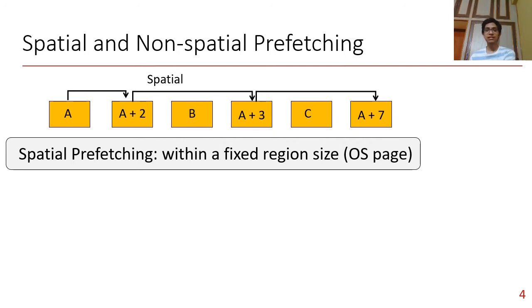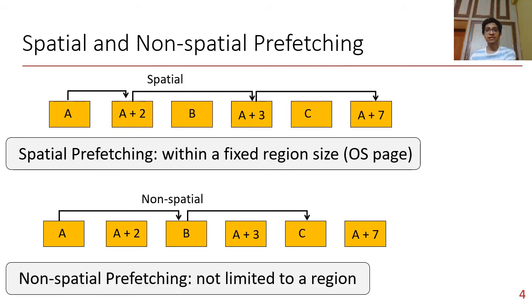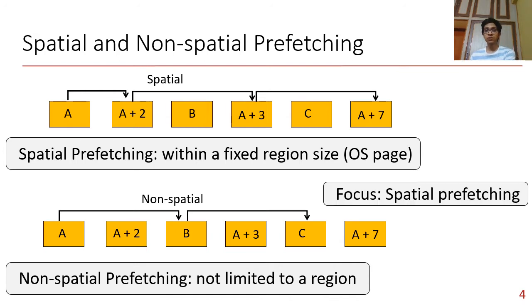In our case, access A acts as a trigger for the prefetching of A plus 2, A plus 3, and A plus 7. A non-spatial prefetcher can train on and prefetch cache lines from various regions. In the example, the prefetcher has identified the trigger A and goes on to prefetch cache lines in regions B and C as well. Our focus in IPCP is on spatial prefetching.